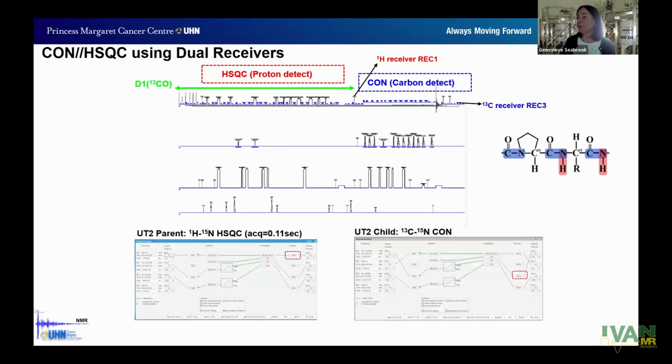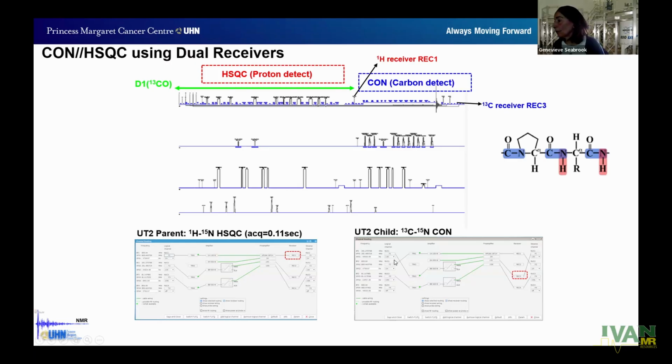On our instrument, we use the terminology of parent and child, as described in that Utopia paper. On channel 1 you've got the proton, and you use receiver 1 to collect the proton signal, and then you set up the child experiment.